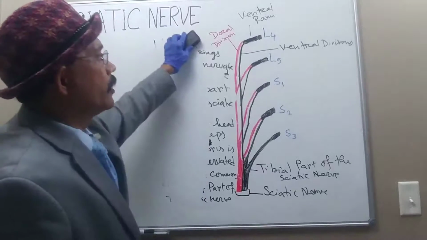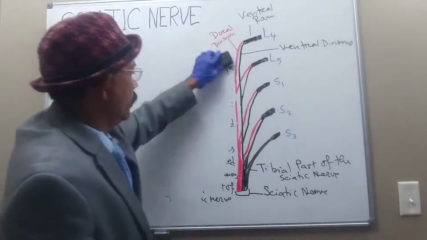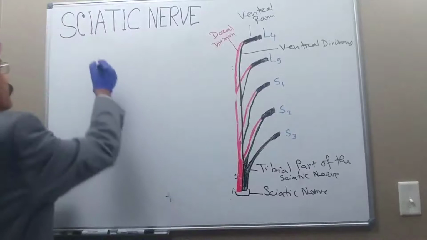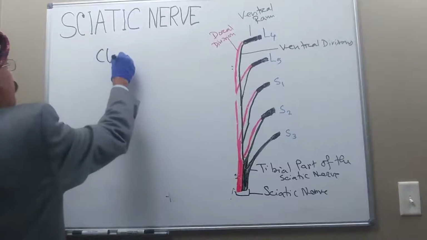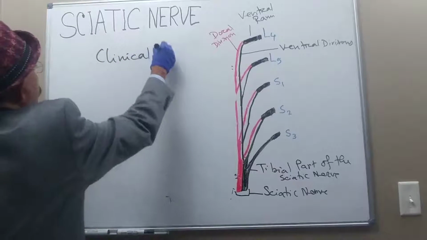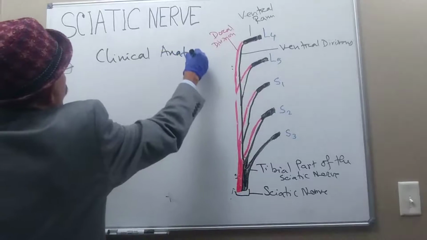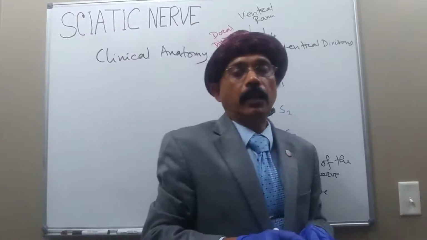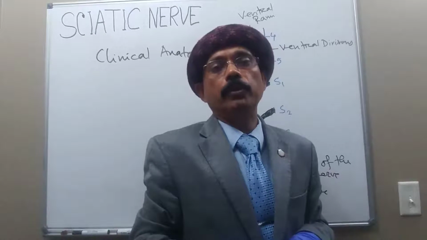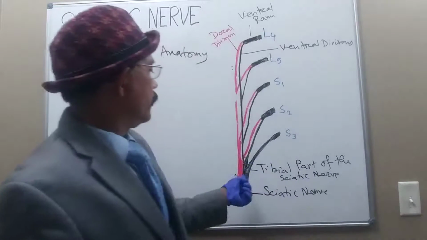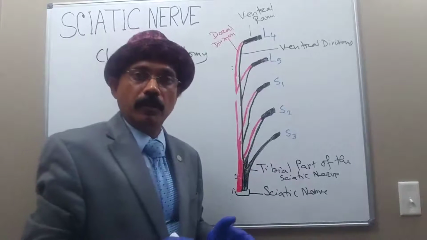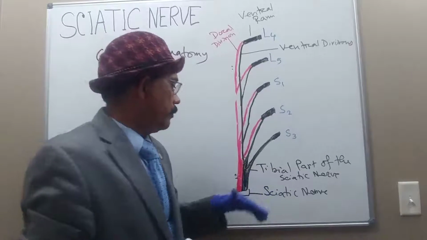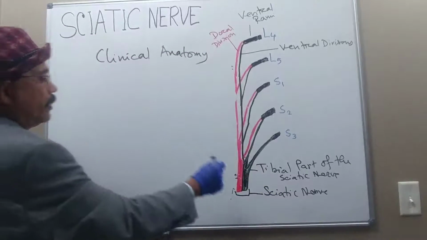Now we learn some clinical anatomy. Okay, so clinical anatomy. First of all, we must recognize that in around 12 to 15% of the population, this nerve may be split.